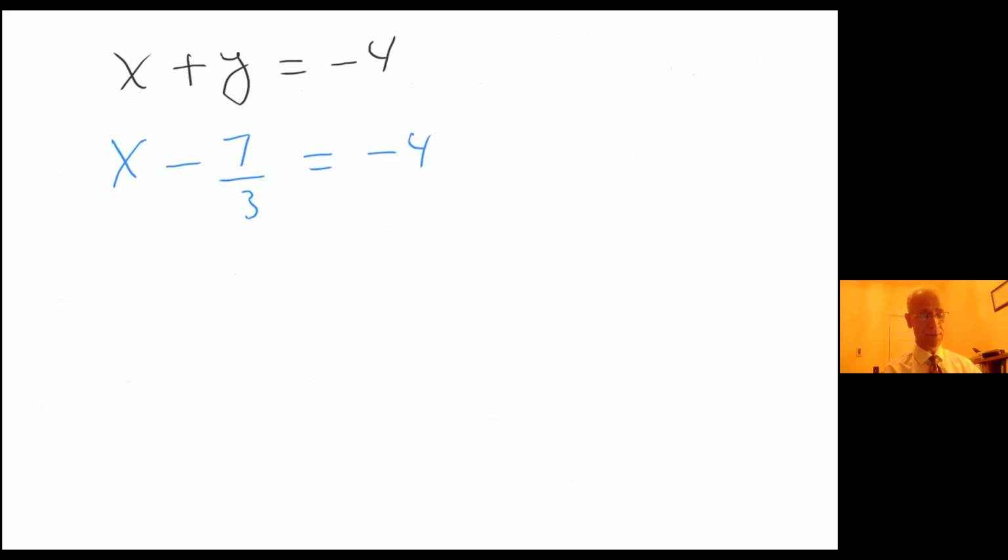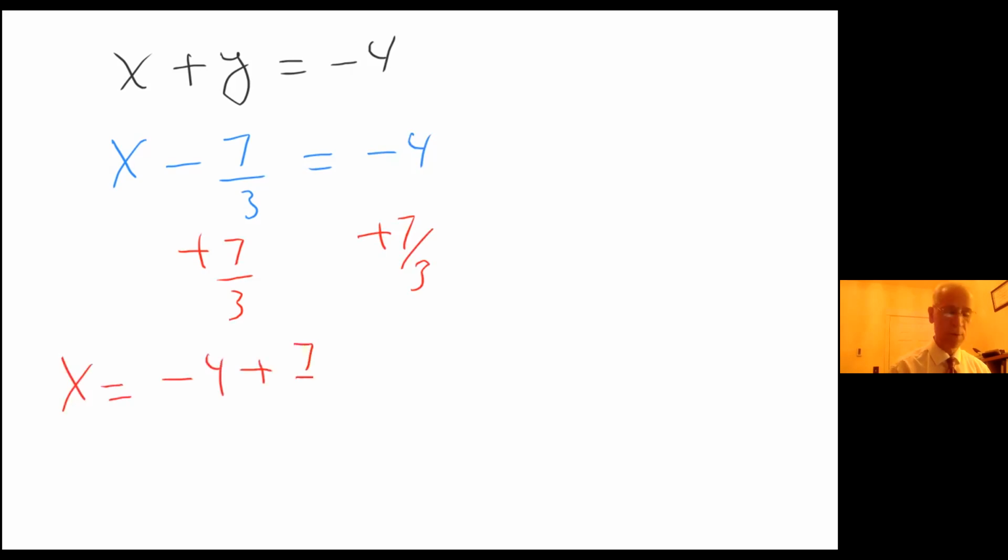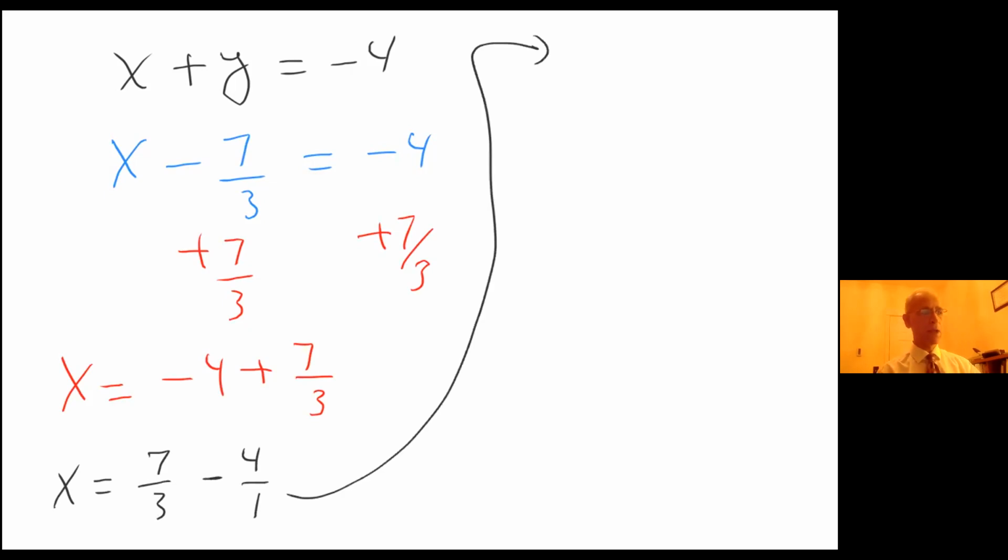So if I add 7/3 to both sides of this equation, I now have x equals -4 plus 7/3. I need the LCD. Well, it's easier to think of this as x equals 7/3 minus 4/1. So let me continue in here. x equals 7/3 minus 4.